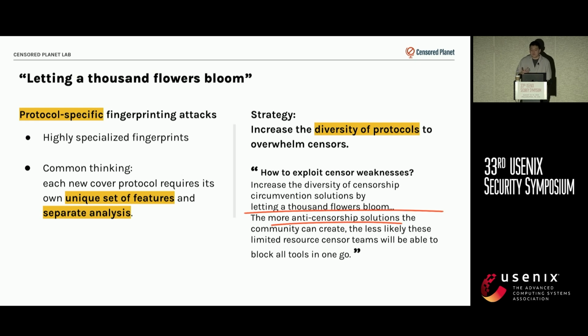So this led to a principle or strategy called letting 1,000 flowers bloom. The idea is that since each cover protocol, each specialized fingerprint, takes a long time and manual effort to develop, the more protocols we can create, the less likely a censor has the resources to target all of them at the same time. And this is the thinking that motivated our study.